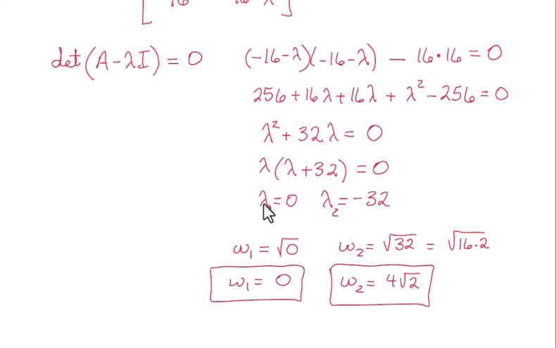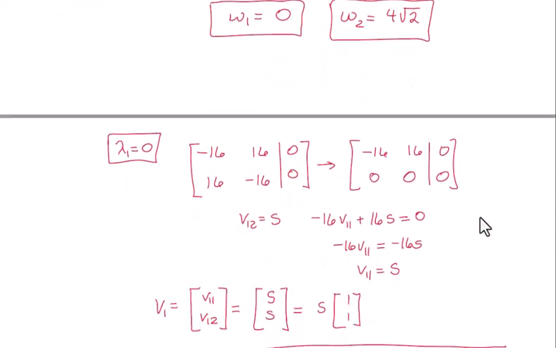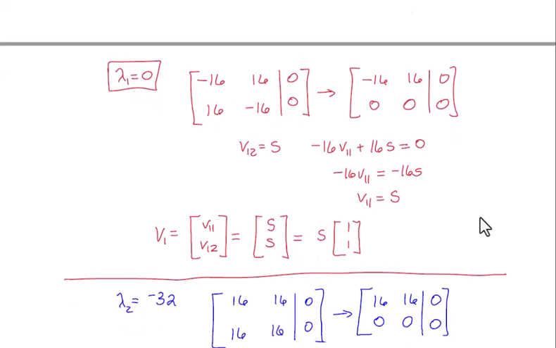And so let me look at using the different eigenvalues to get the eigenvectors. All right, well, if I have lambda 1 is 0, and I plug that into my A minus lambda I, my matrix looks like the following. If I take row 1 and simply add it to row 2, I get a whole row of zeros. And so this is for my eigenvector V1.